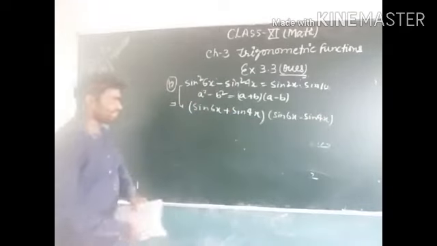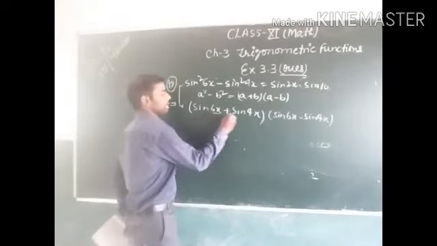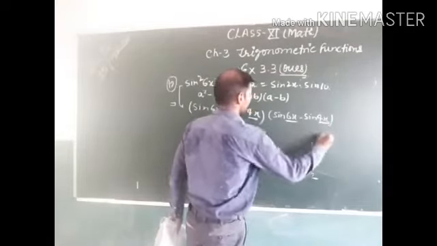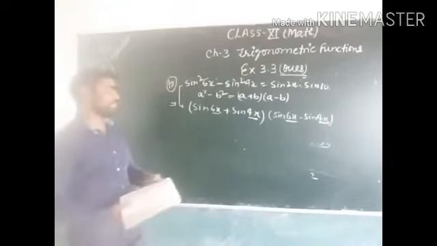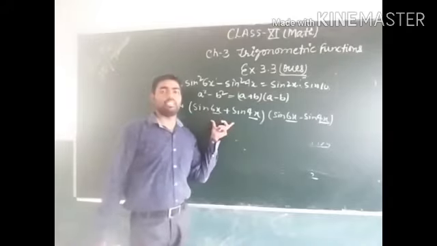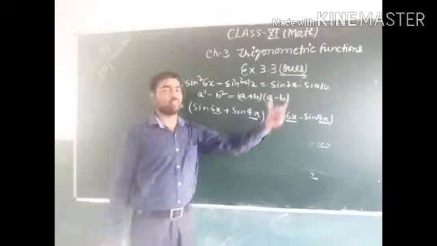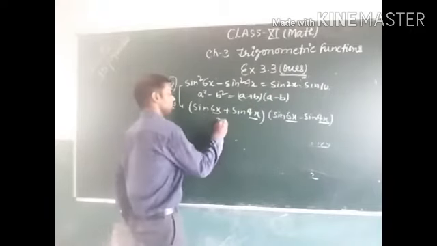So this is converted into sin c plus d into sin c minus d. Use this trigonometric identity, sin C plus D and sin C minus D, and you get your answer. So do this question yourself.